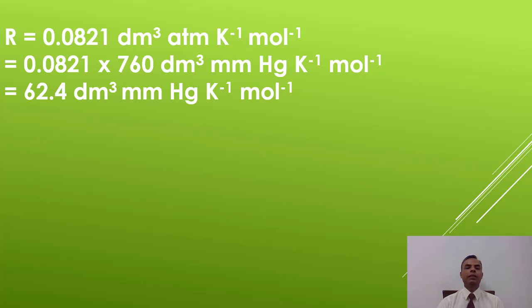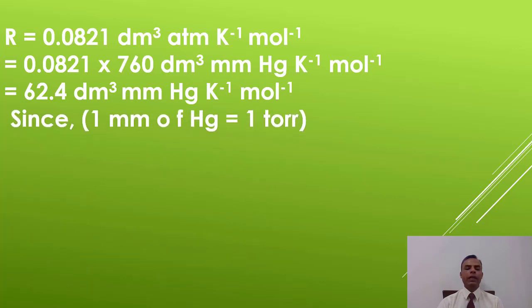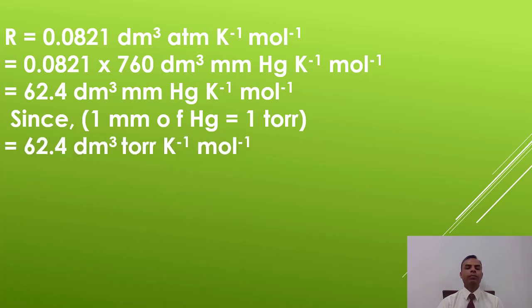Here we know that 1 atmosphere is equal to 760 millimeter mercury. Since 1 millimeter of mercury is equal to 1 torr, the value of R becomes equal to 62.4 decimeter cube torr per Kelvin per mole.